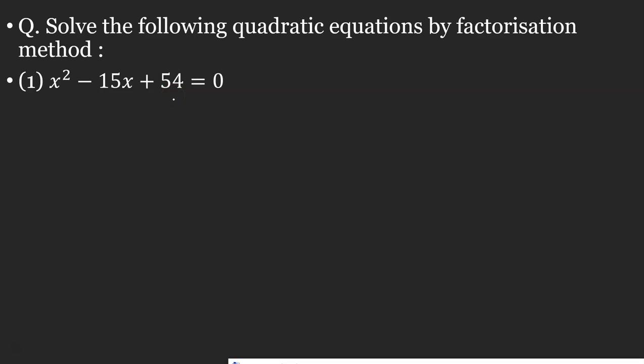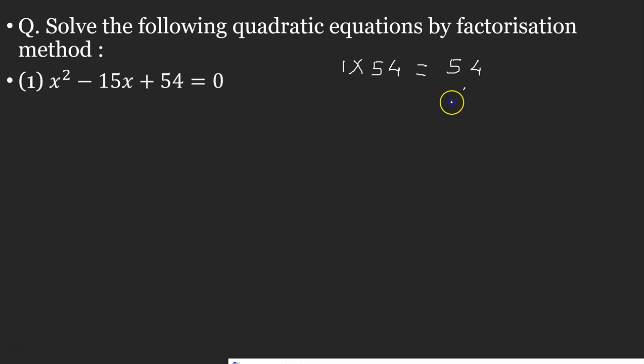So we have to find out two numbers. What is the product of the coefficient of x square and 54? That is 1 into 54, which is equal to 54.